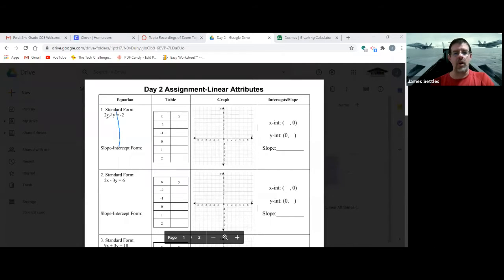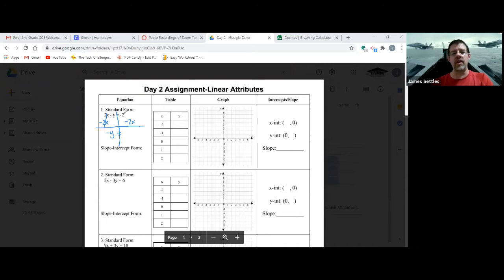We're always going to get rid of X first. So if this is a positive 2, to get rid of it, I'm going to minus 2X, and if I do it to one side, I've got to do it to the other side. So we're going to cancel these out and end up with negative Y is equal to.